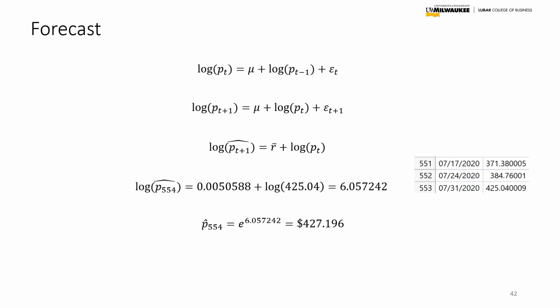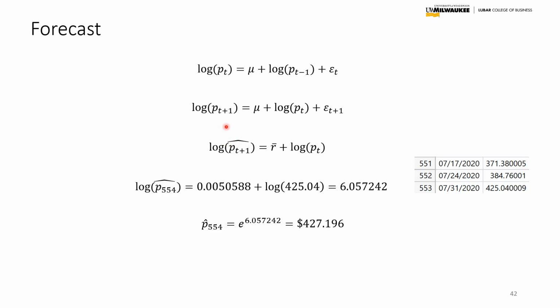Let's now forecast the Apple price series. We found for the Apple price series that the log of price at time t equals some underlying mean plus log of price at time t minus 1 plus random error at time t.